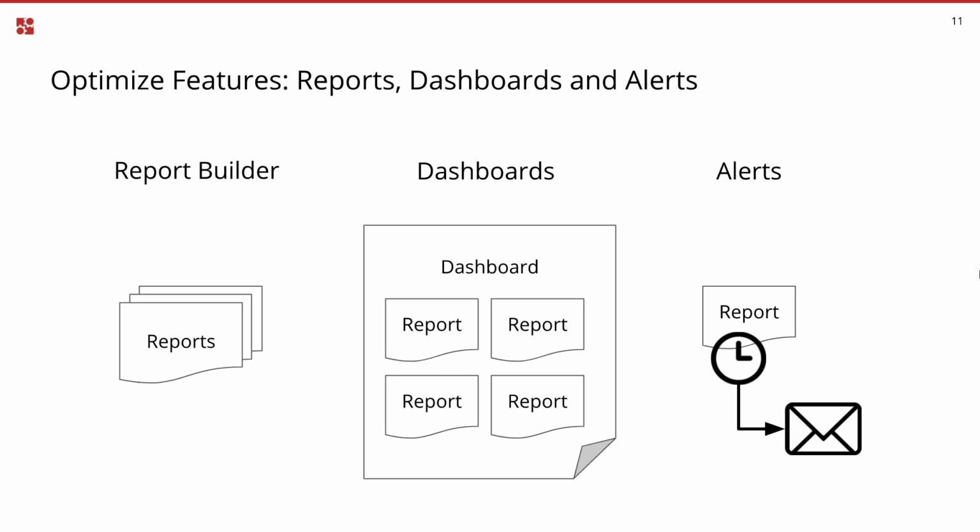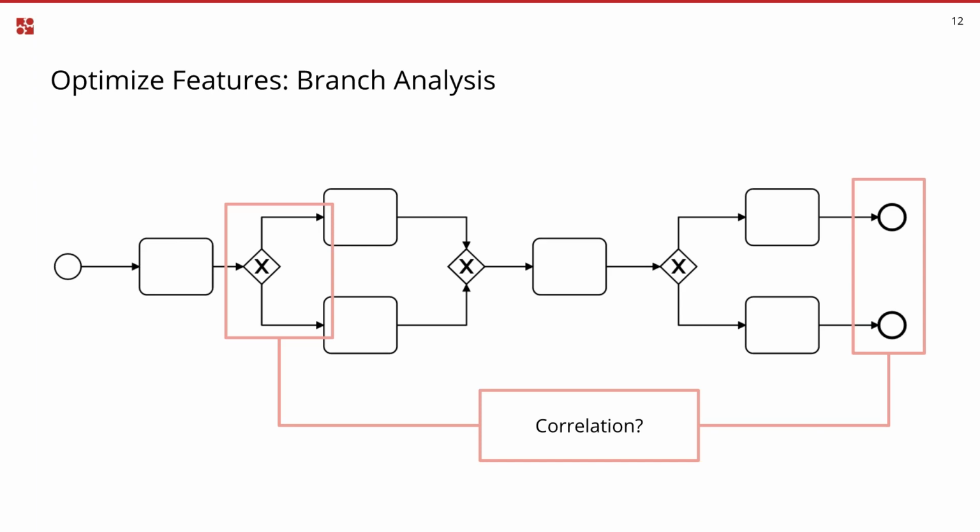And here, one important element, as an example, is pattern recognition. So there might be correlations, and one correlation that we're seeing quite often is between process variants that are expressed as dedicated branches. So we branch out in the process, we merge at a later point, and this might have an impact on the process outcome.